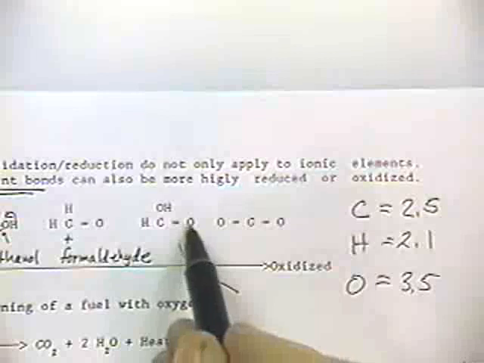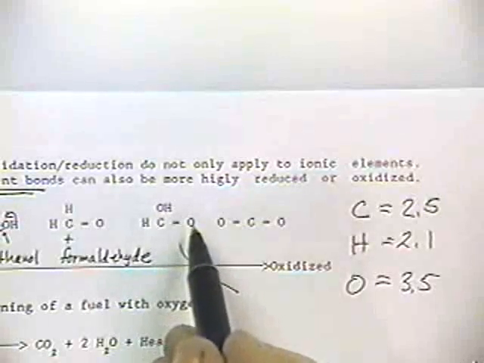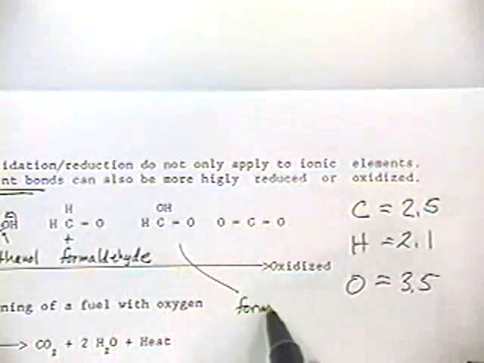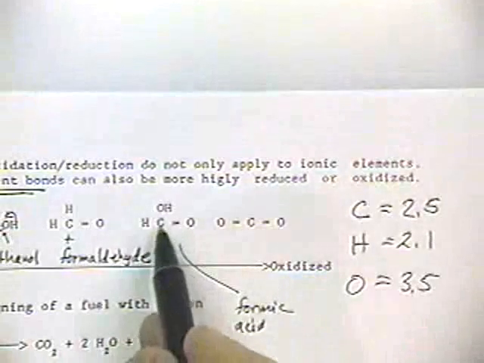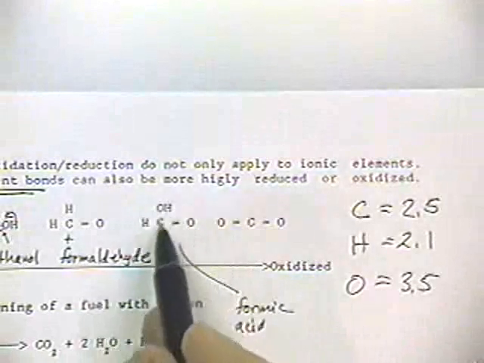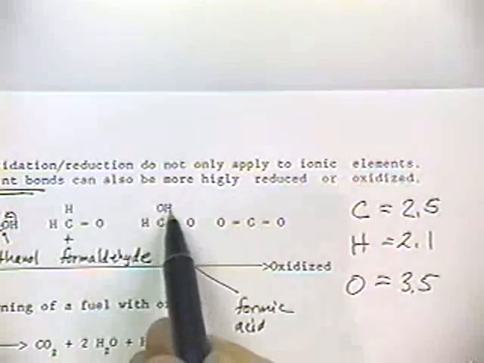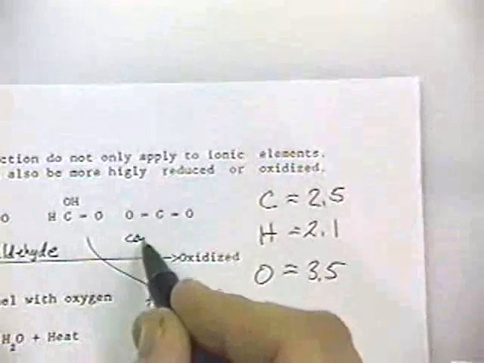This species now has two oxygens all demanding electrons. This species is called formic acid, and this poor carbon is losing out because these bully oxygens are taking away its electrons, making it become increasingly positive. It has a little bit of hydrogen around to share the burden, but then finally here we have carbon dioxide.